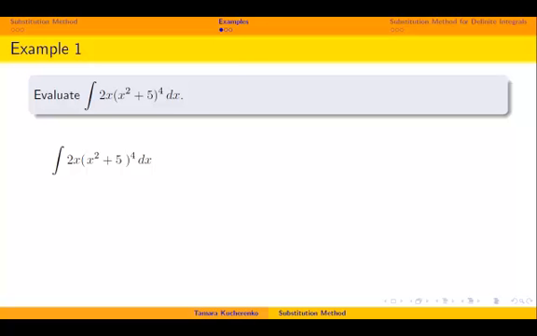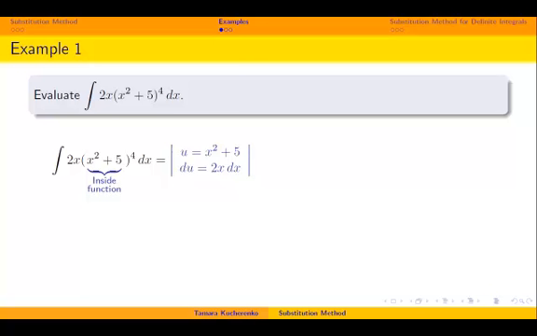The inside function x squared plus 5 is usually a good candidate for u. We set u equals x squared plus 5. Then du equals 2x dx, which also occurs in the integral.